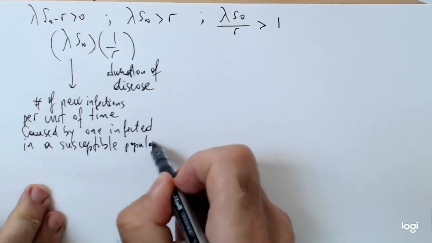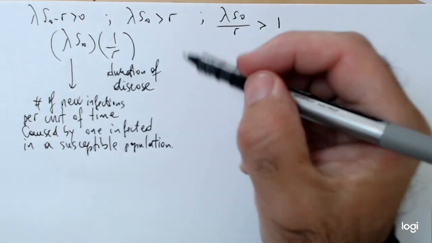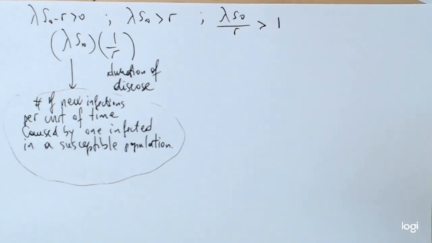This is kind of a mouthful, but try to get used to this concept. And you can use different words, but more or less that's what you want to mean when you describe the meaning of that lambda S naught.